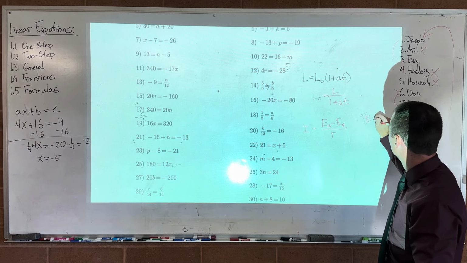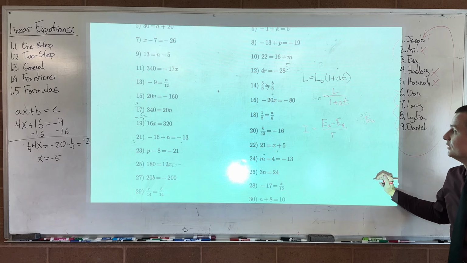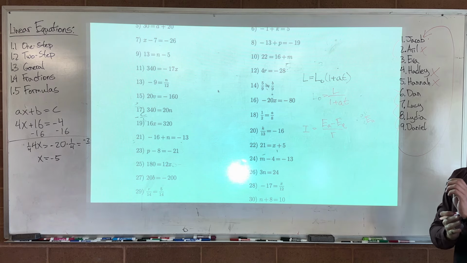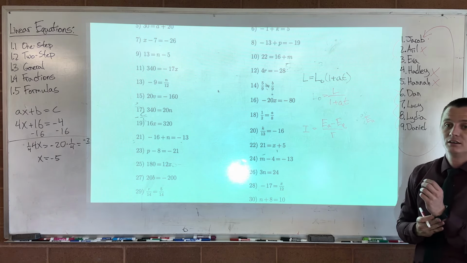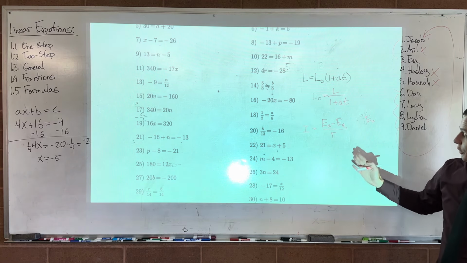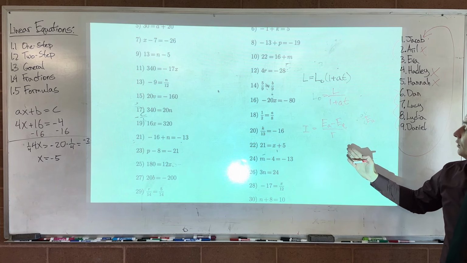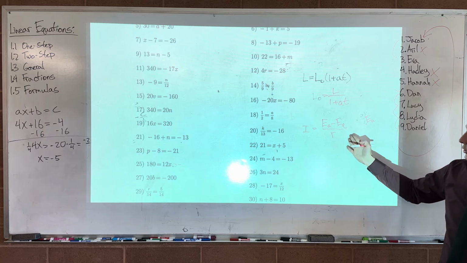Oh, this is a great one to do. What do we do first? You want to get your E sub Q over R. There are two ways we can do this. We could multiply both sides by R. That's one option.